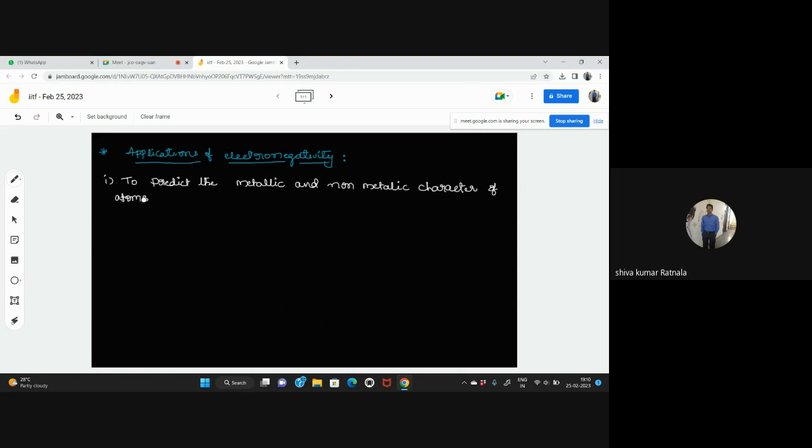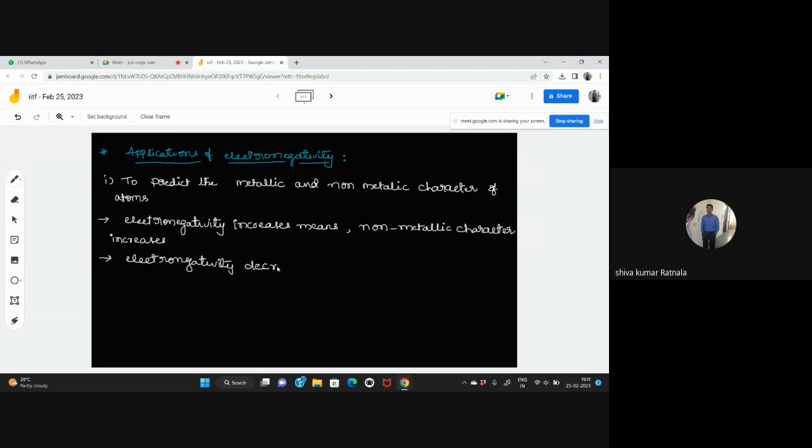That means, generally, when electronegativity increases, non-metallic character increases, and when electronegativity decreases, metallic character increases.